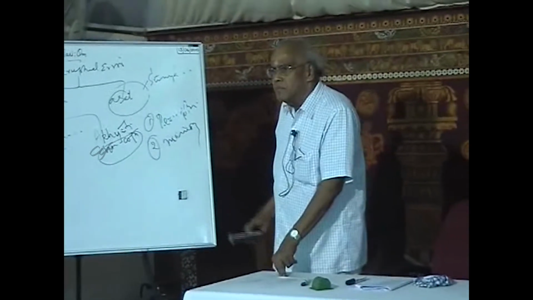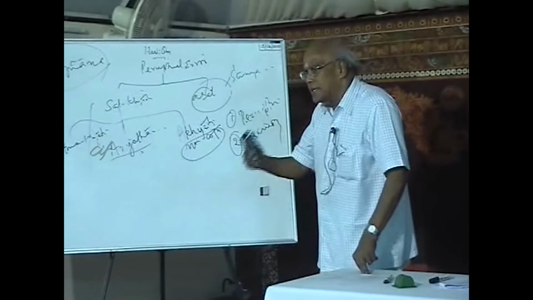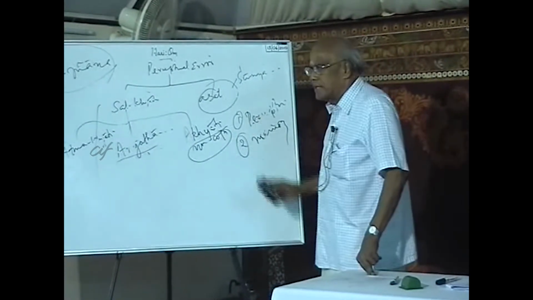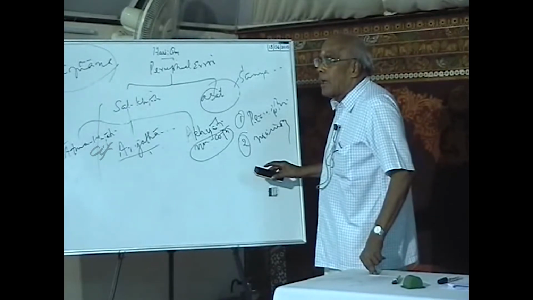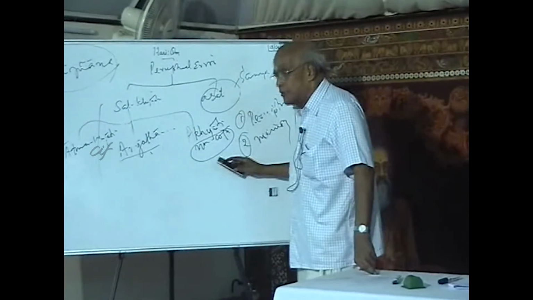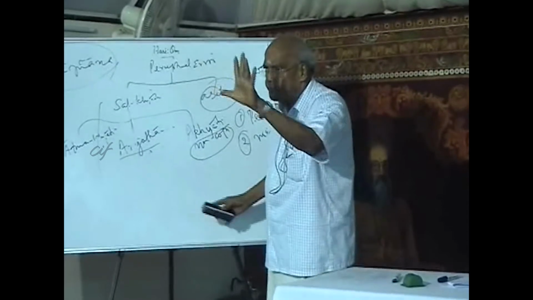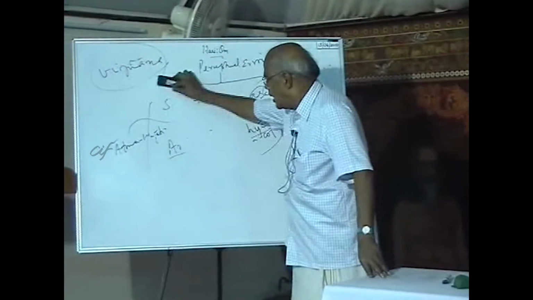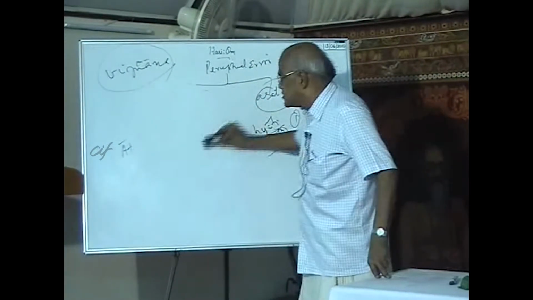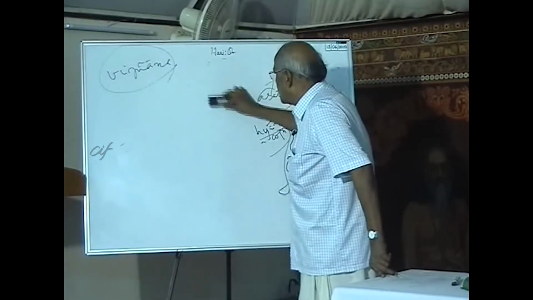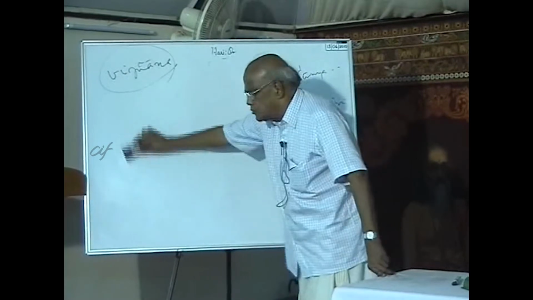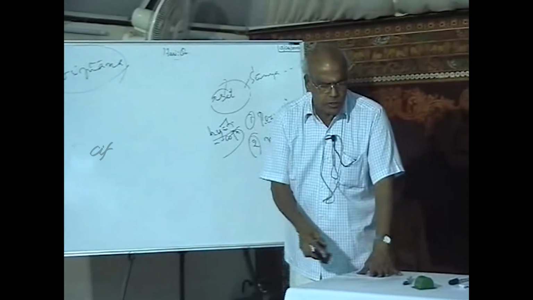The fifth one is anirvachaniyakhyati. So the Advaita introduces the concept of anirvachaniya. Why does he introduce this concept? And as we study that, it seems to be satisfactory.